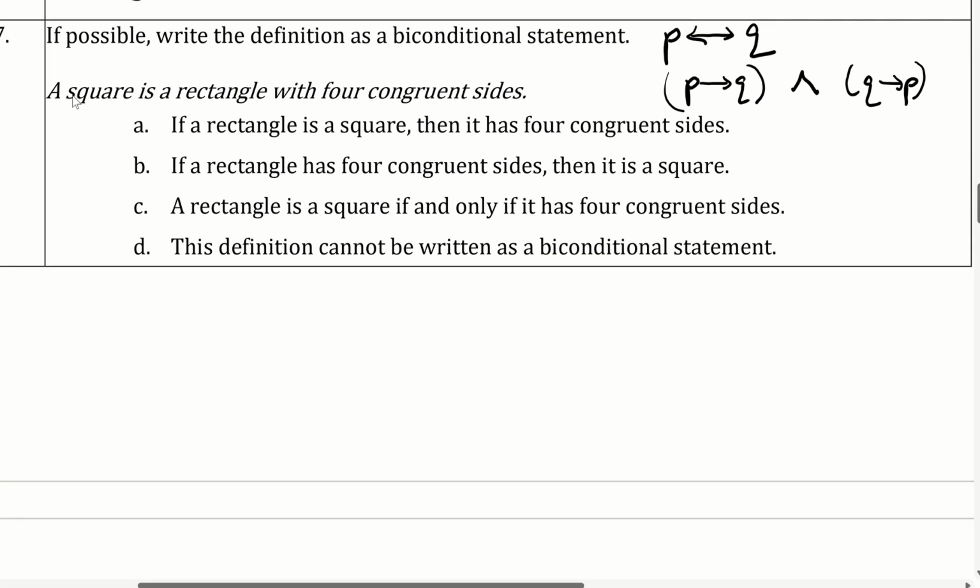So let's see if that's the case here, if possible. A square is a rectangle with 4 congruent sides. Actually, let's write this as an if-then statement.